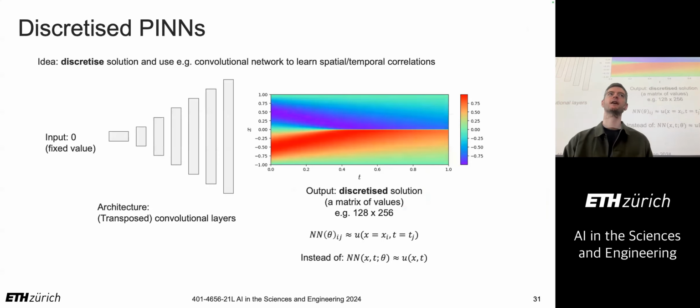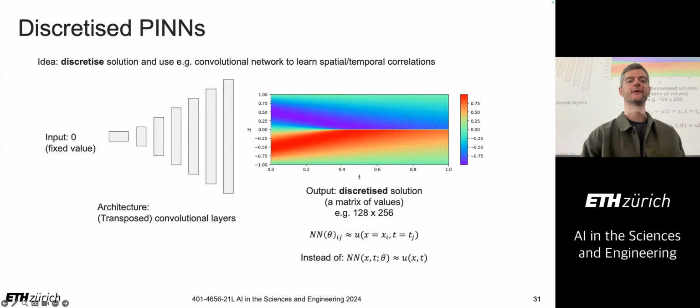Okay, so the next way to speed PINNs up is to discretize their outputs. So this is a technique, which is quite different, which I describe as discretized PINNs. And so what is the discretized PINN?